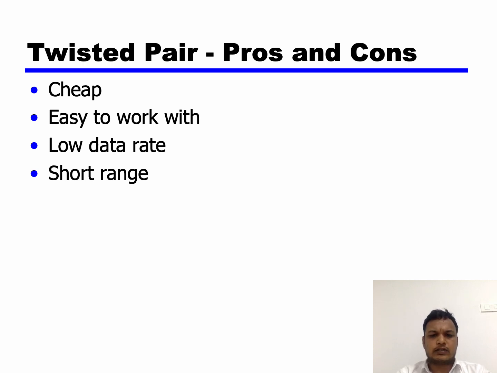Cost wise it is cheaper, and it is easy to work with. The data rate transmitted by twisted pair cable is not equal to that of fiber optic cable or coaxial cable. It can send only a low data rate, and it supports shorter ranges of communication.